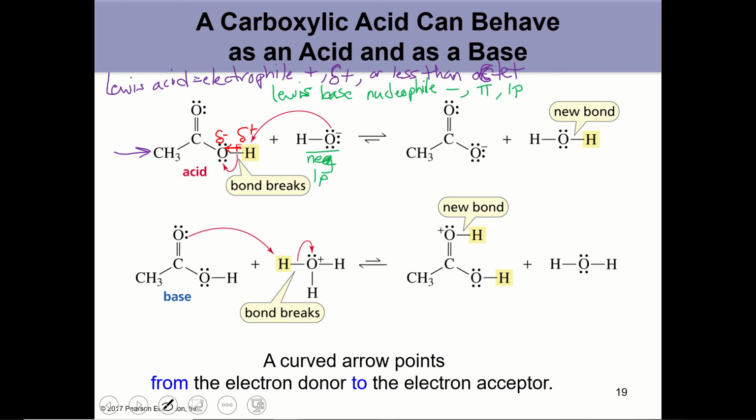So our base is acting as a nucleophile, having the lone pairs, and what the acid does is accepting electrons while the base is donating electrons. And that is displayed by the curved arrow showing electrons from the oxygen of hydroxide going to the hydrogen of the carboxylic acid. And because hydrogen can only have one bond, the bond between the oxygen of the carboxylic acid and the hydrogen breaks.